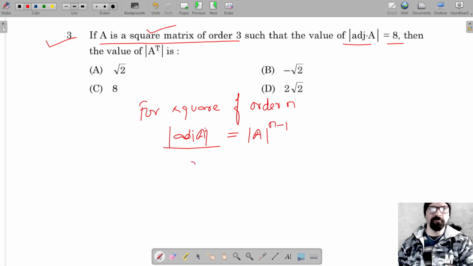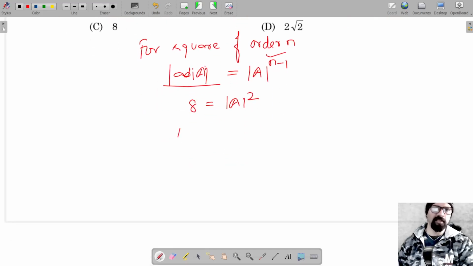Now determinant of adjoint A is given as 8, and n is 3, so 3 minus 1 is 2. Determinant of A is equal to the square root of 8, which gives me 2 root 2.